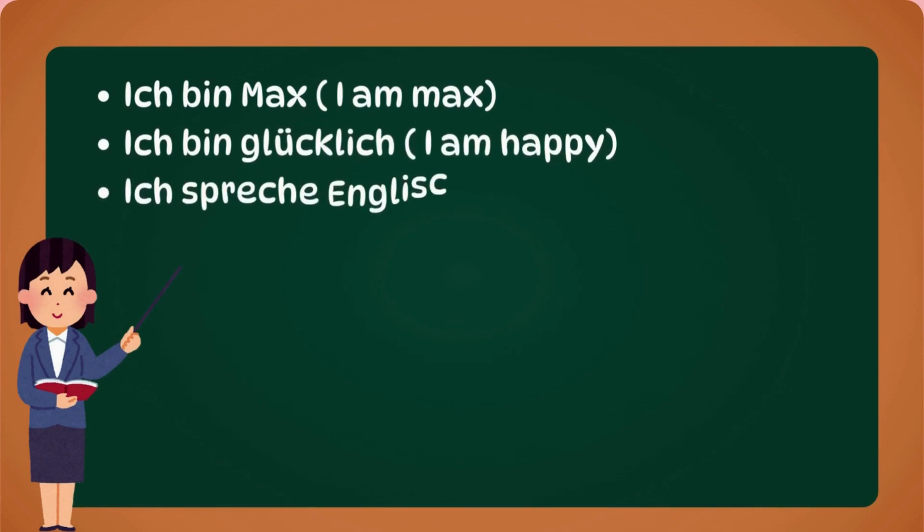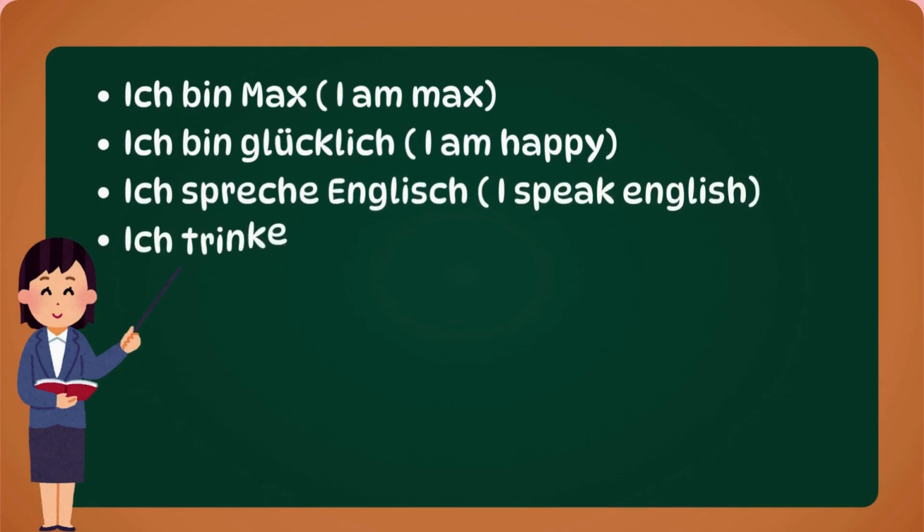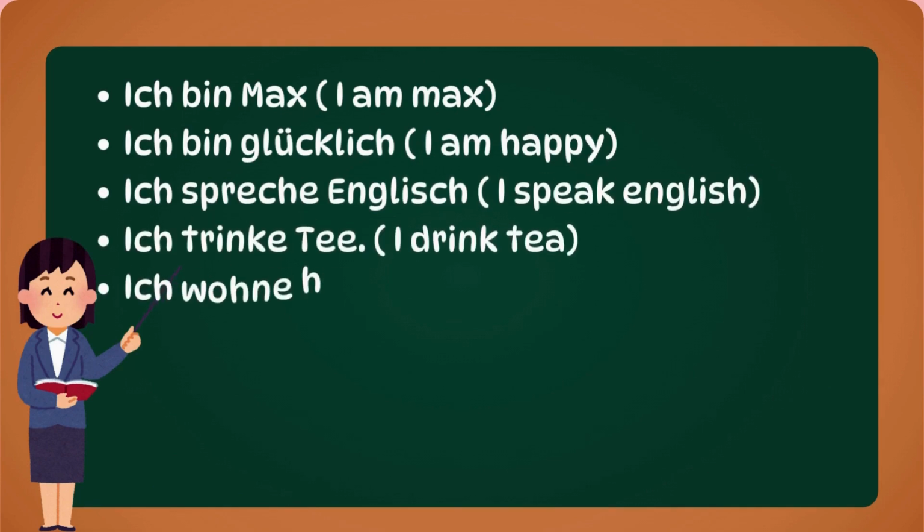Let's start with the pronoun ich. Example number 1. Ich bin Max. Once again, ich bin Max, which means I am Max. Example number 2. Ich bin glücklich. Once again, ich bin glücklich, which means I am happy. Example number 3.